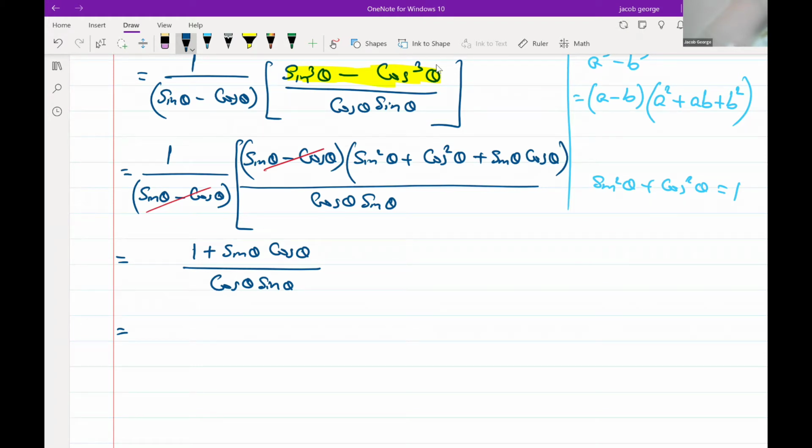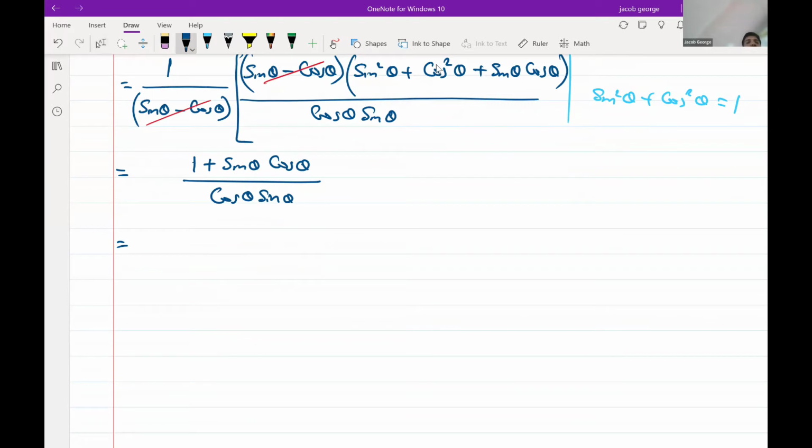Is that clear? Now we divide it term-wise. It will be 1 by cos theta sin theta plus sin theta cos theta by cos theta sin theta.